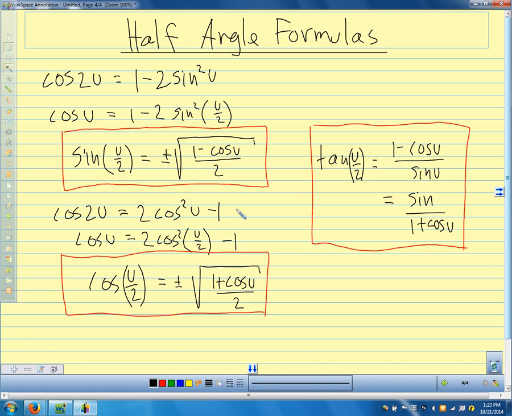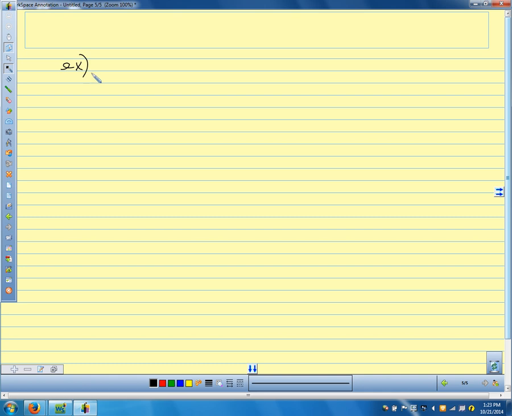Okay, I just want to show you one example of how we would apply a half angle formula to help us do something. Find the exact value of cosine of 165 degrees.